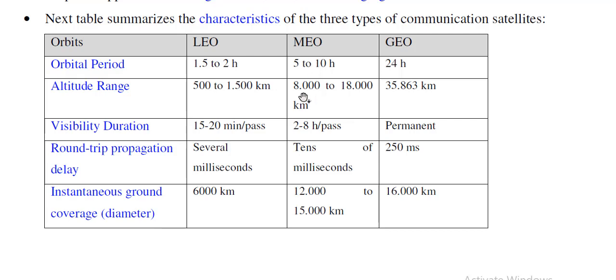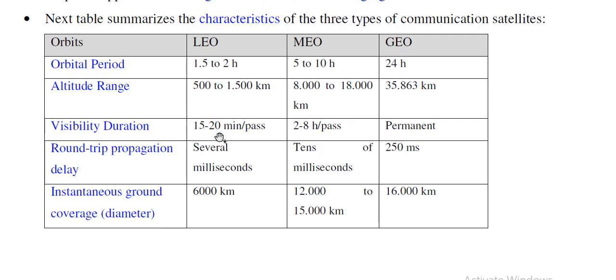For the MEO, between 5,000 and 18,000 kilometers, and the GEO has one fixed distance, which is exactly 35,863 kilometers.